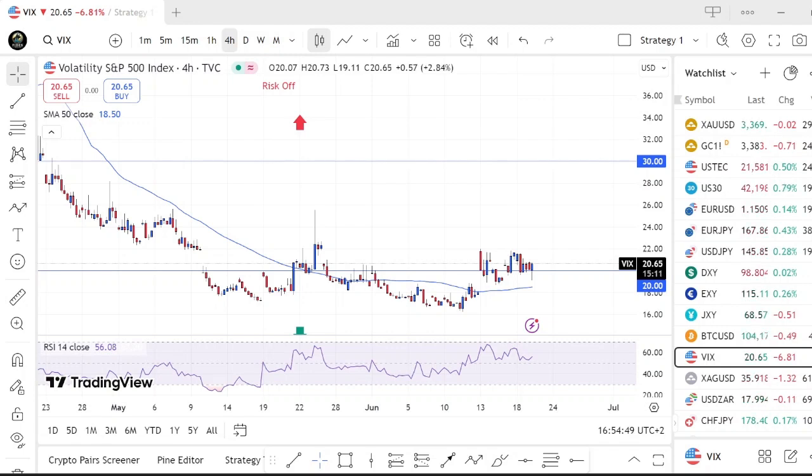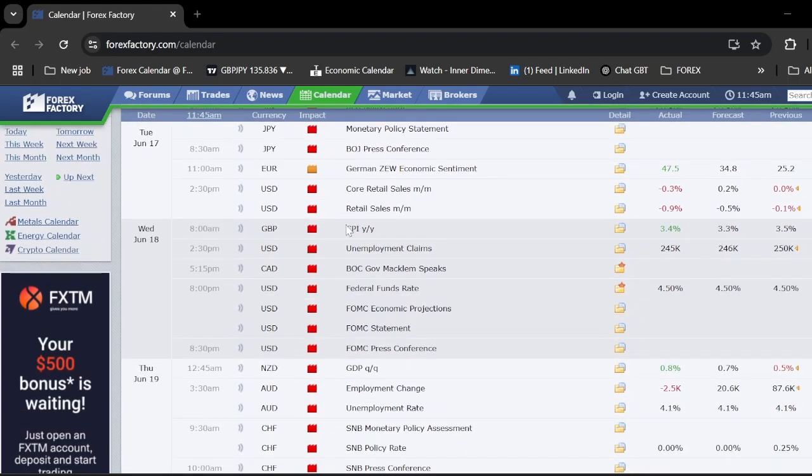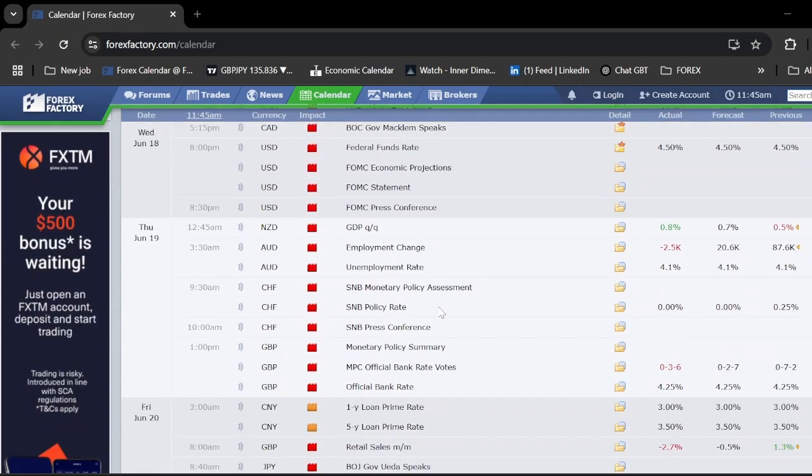There wasn't much in terms of fundamentals this week, as it was more secondary currencies. Let me show you. So we can see that during the week we had some FOMC economic projections on Wednesday. We had some retail sales for the USD on Tuesday, but it was negative news for the dollar as expected, because last week was very negative.